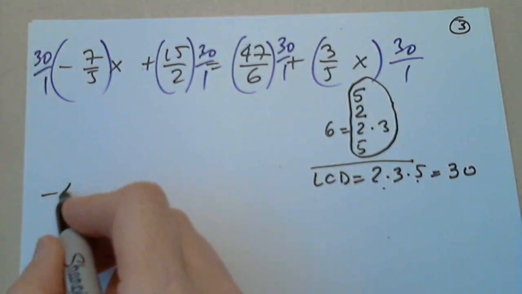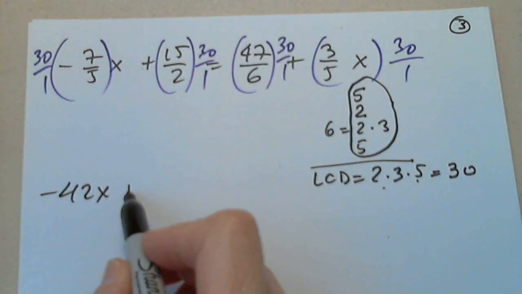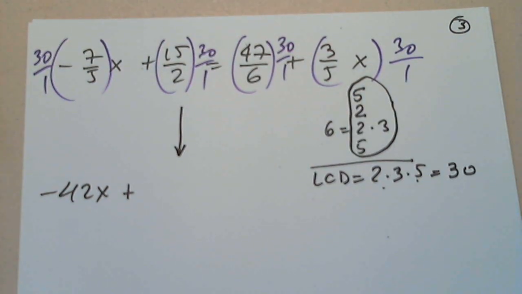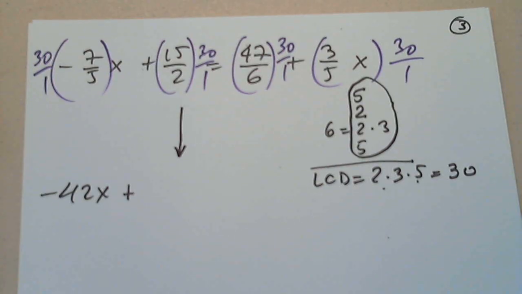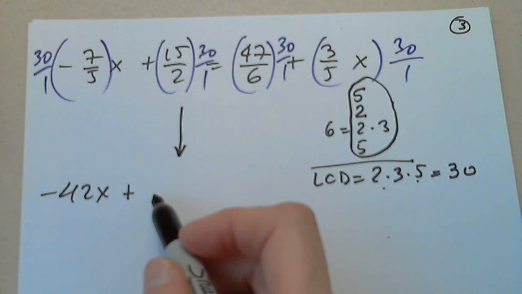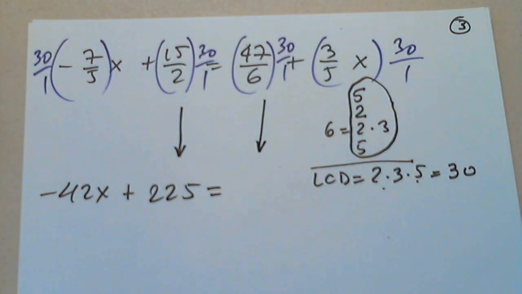Negative 42x. Excellent, that's what I got. Good. From the second term, plus. Very good, thank you. What did we get from the second term? After simplification, always simplify first, if you can. 225. Excellent, equals. Let's simplify the third term.